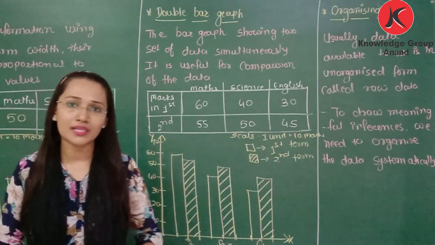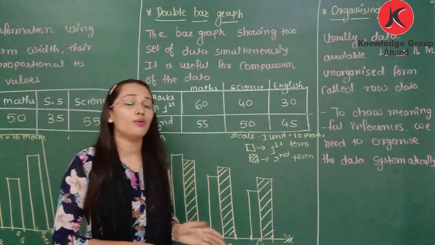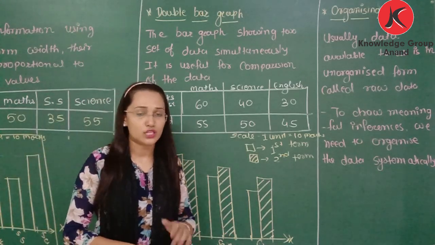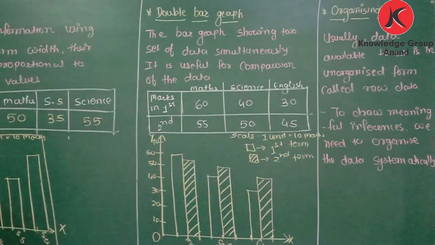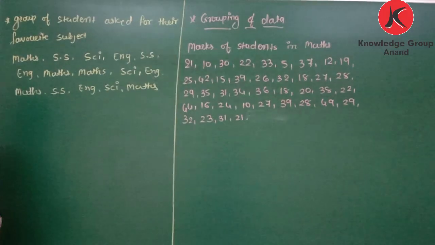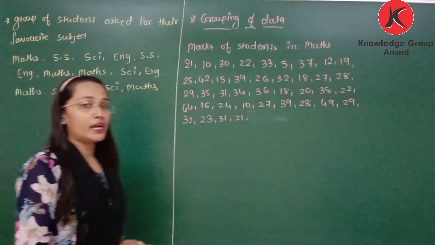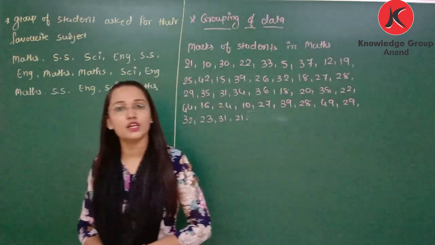If simply numbers are given, then it gives nothing. It does not give any information to us. That's why we need to arrange the data systematically. So whenever we collect information, we need to organize it in a systematic way.